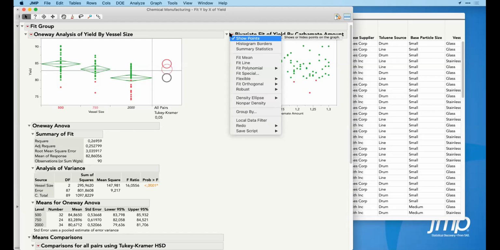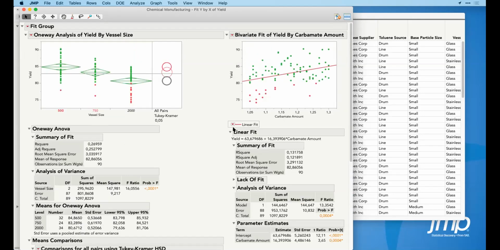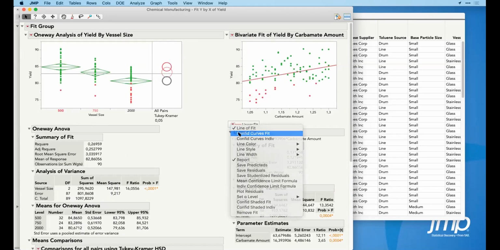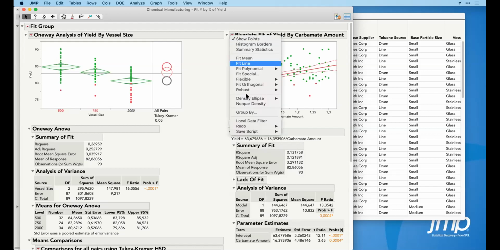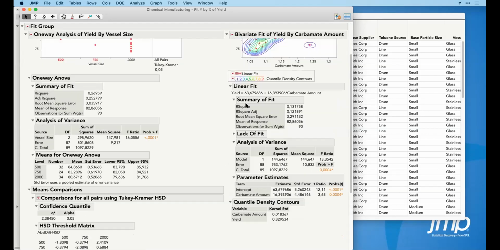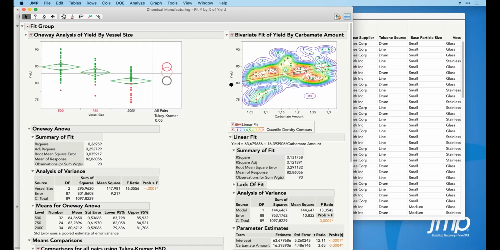And here we get a scatter plot and totally different options. So this is more about fitting, so we can add a line or non-parametric density contours. So this is a totally different scenario because the data types are different, but it's the same platform.